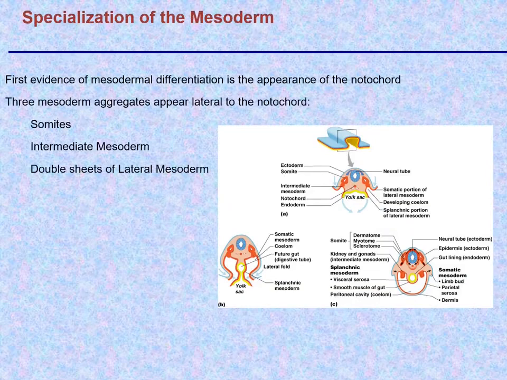This is the mesoderm, and here is where I'd say it's more detail than you would need. The notochord, which is just underneath that neural tube, or what used to be the neural plate that curled around and became a neural tube, the notochord is part of the mesoderm. And there are structures which I don't need you to know that will go on to form other mesodermal derived parts of the body.